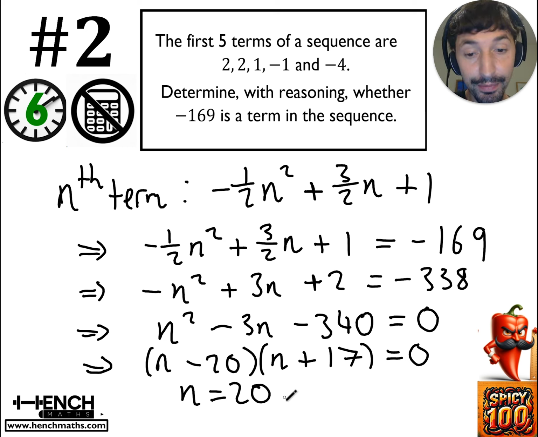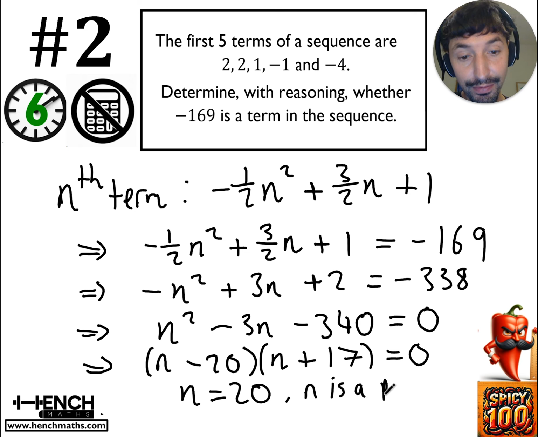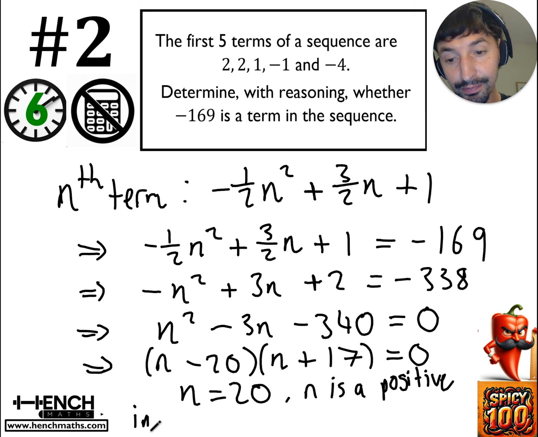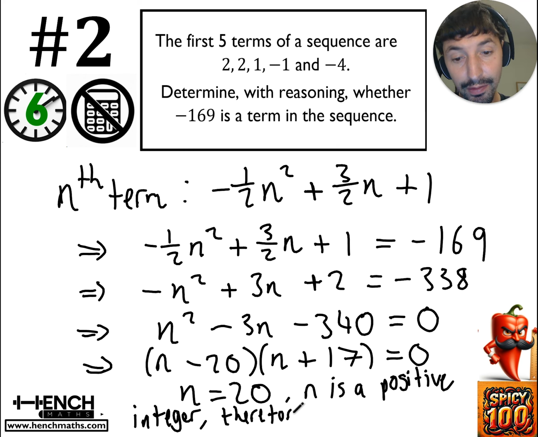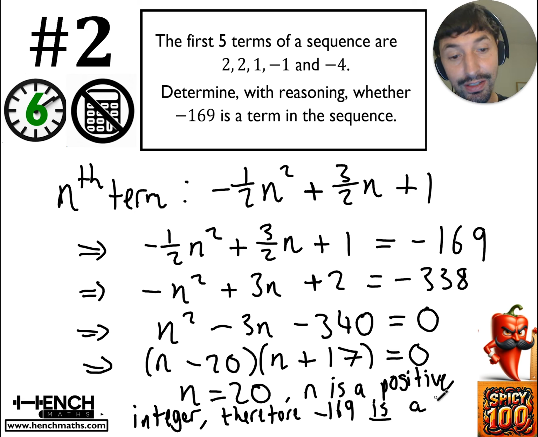It's a natural number, so n is a positive integer. So this implies that negative 169 is definitely a term in our sequence.